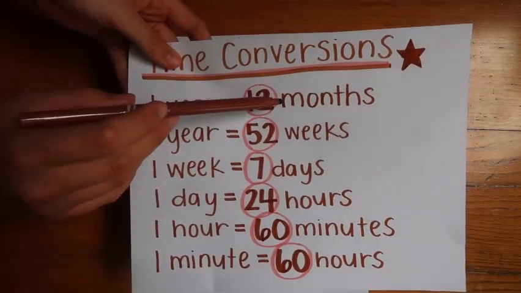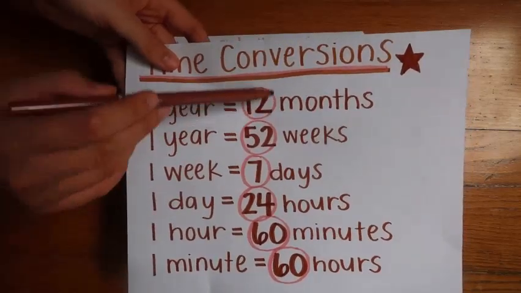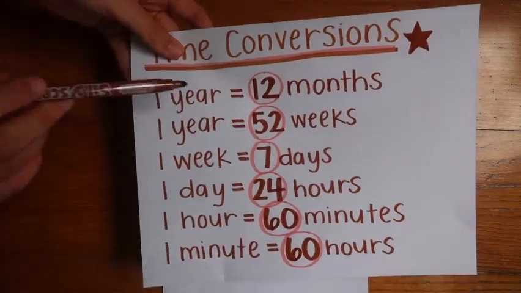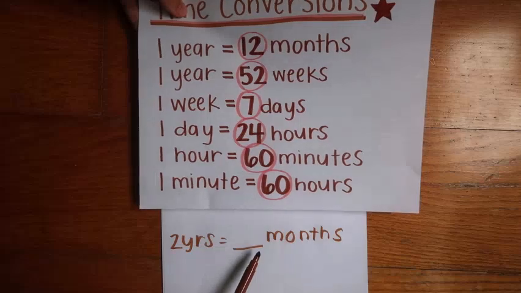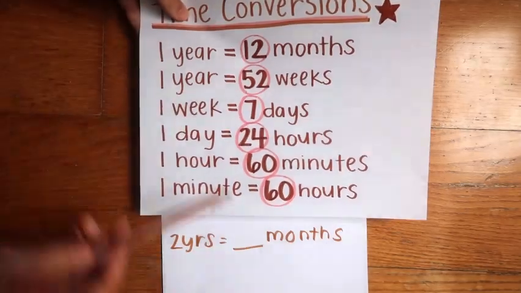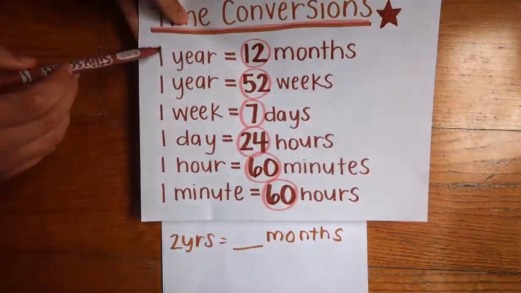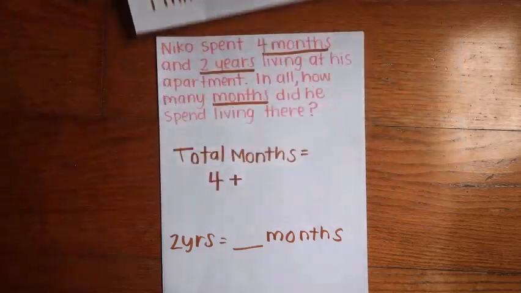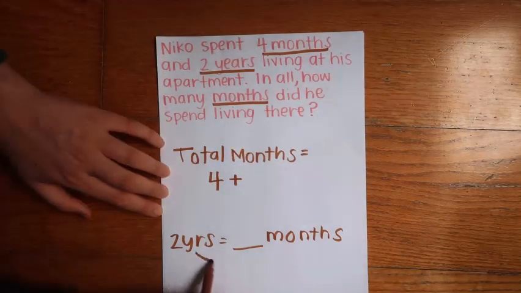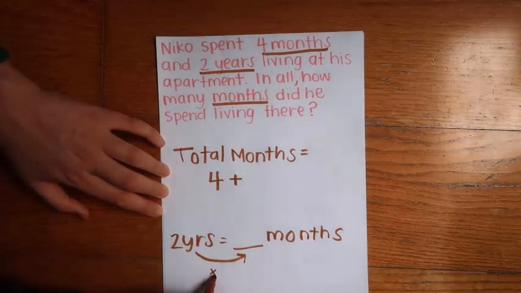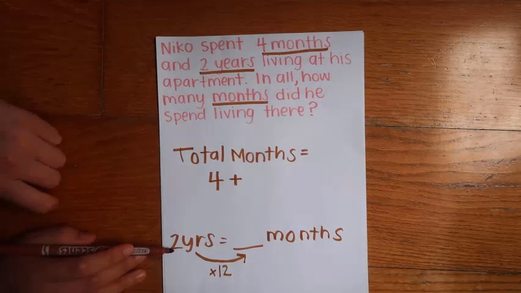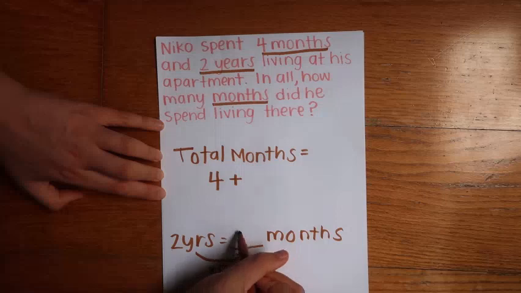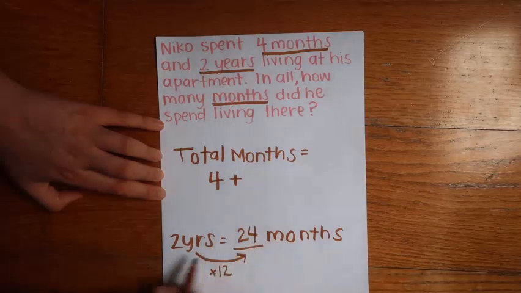Years to months. The magic number is 12. And we are going from, we know the years and we don't know the months. So we are going from 1 to 12. So this one's going to be a multiply by 12. 2 times 12 is 24.